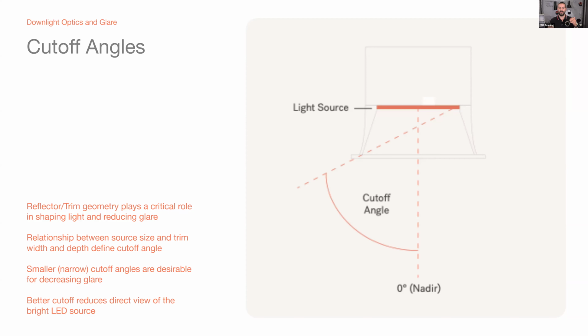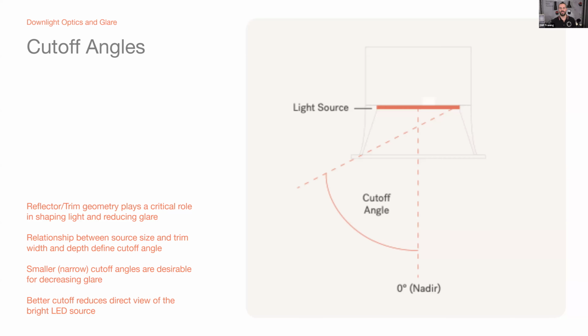A better cutoff angle really translates into a more comfortable environment, because in any normal position where your eyesight is cast straight forward or down at your work surfaces, that tighter cutoff angle helps cut off the places where you can see into the fixture in any normal circumstance.